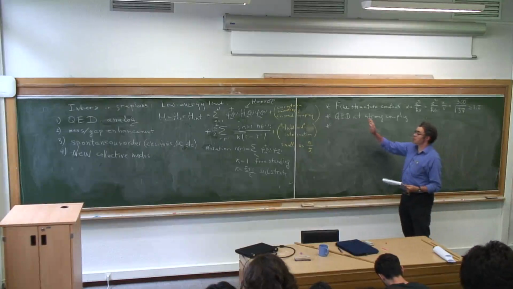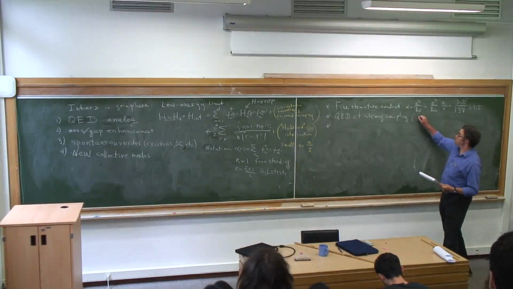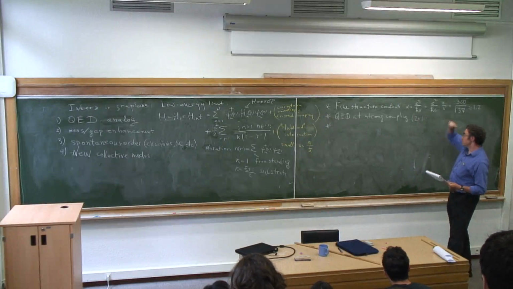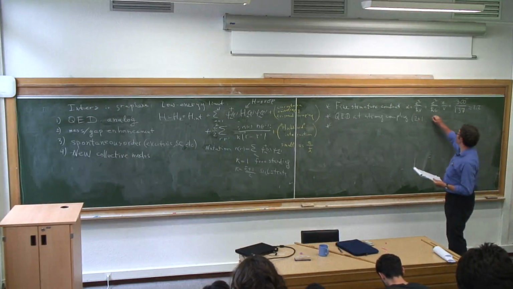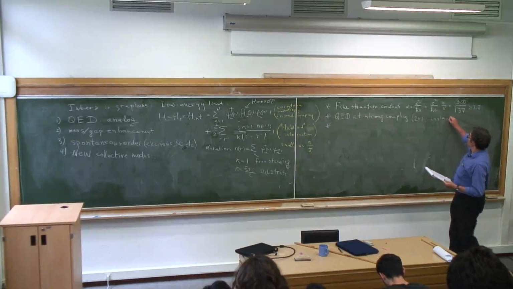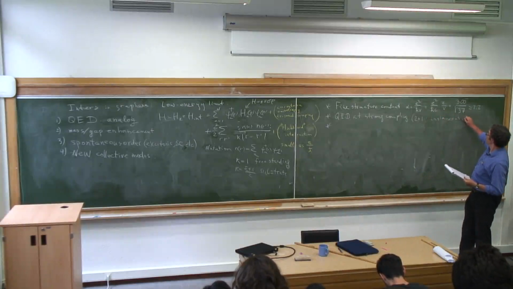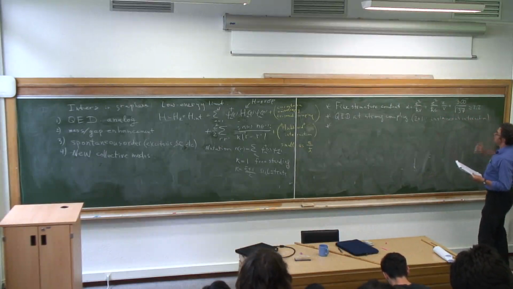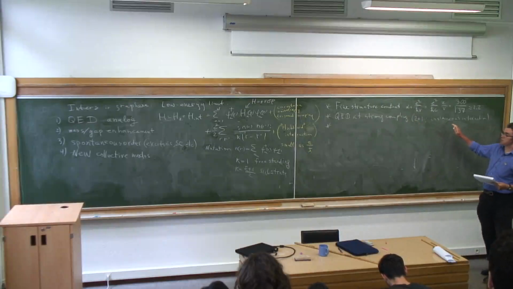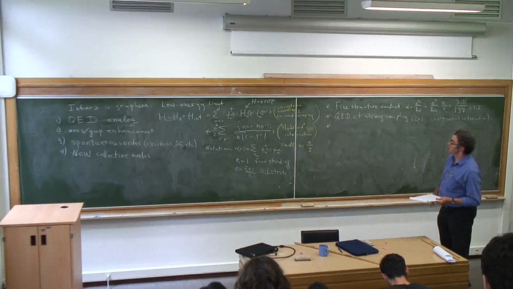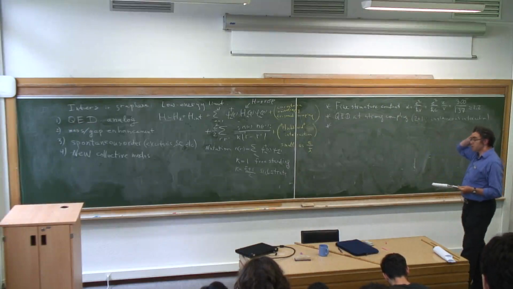So the difference from canonical QED should be obvious. This is 2 plus 1 dimensional, and Coulomb interaction is instantaneous. In the real QED, this is 3 plus 1 dimensional, and interaction propagates with the speed of light, the same velocity as massless fermions.